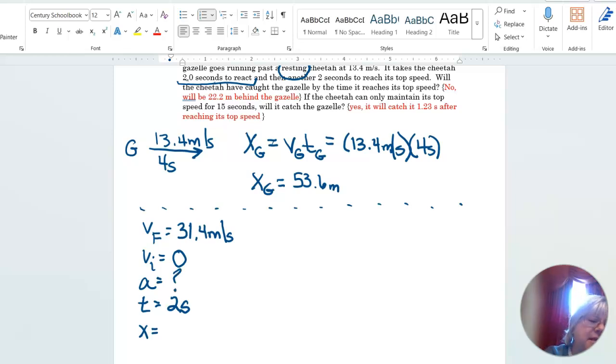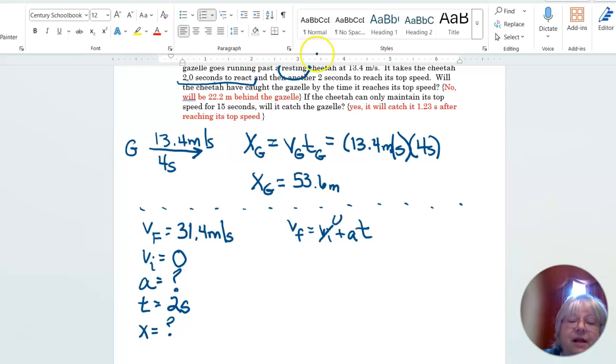So I'm going to need to know the cheetah's acceleration in order to find out the distance that it travels. So I need to find A. So let's see. I know VF, I know VI, and I know T. So that means I can say VF equals VI plus AT.